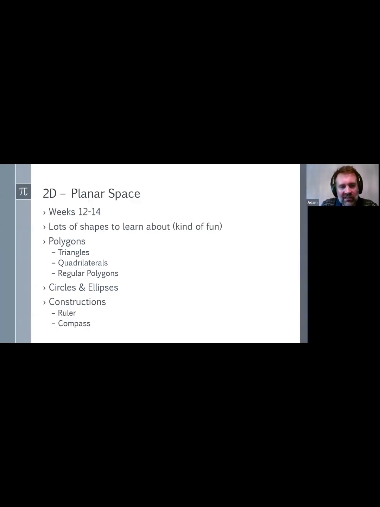And so it can be kind of a fun activity. I'm not guaranteeing that here. Each child's different, but I think this can be a little bit more fun than the rigorous calculating and learning all those equations and all that stuff in the earlier weeks.